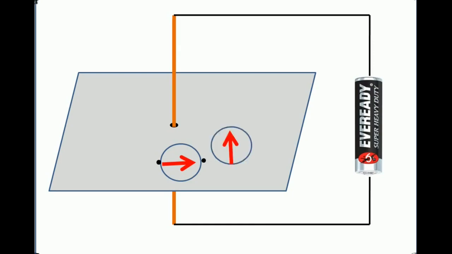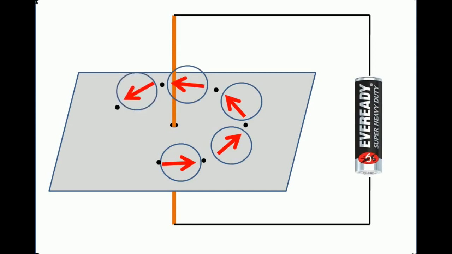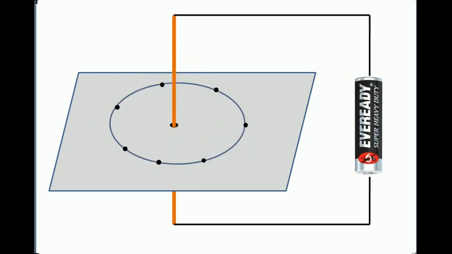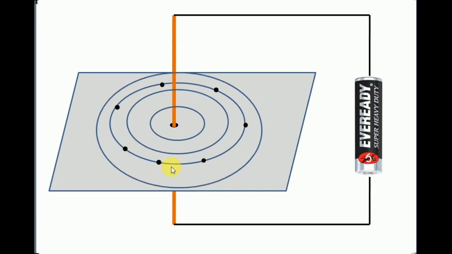Then we'll put the next compass, it will show the deflection, then we'll put one dot, then another compass, one more compass. We keep on putting the compass around the conductor, then we'll finally reach the same position. Then we'll join all the dots and we'll get a circle. Similarly we can put compass in other positions as well, so we'll get other circles. This is a magnetic field of a straight conductor.